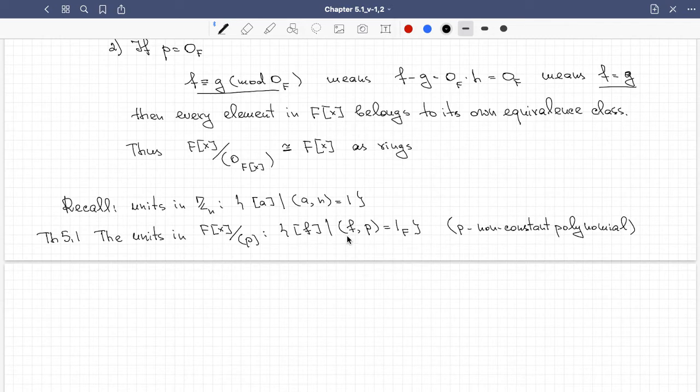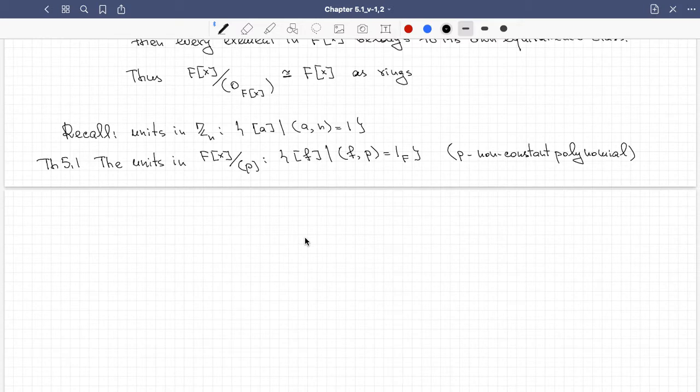Their greatest common divisor of a non-zero constant with a non-constant polynomial is definitely 1. There are no common divisors except units, well, for a non-zero constant.